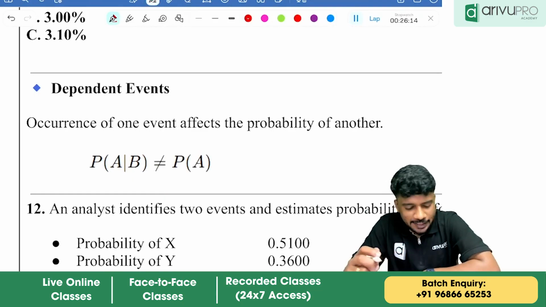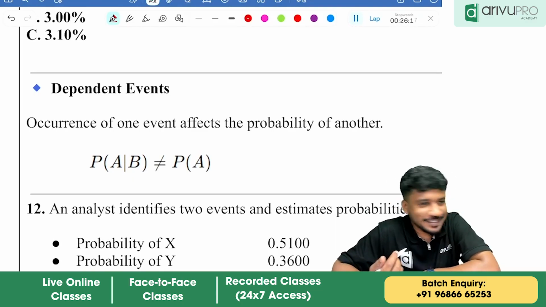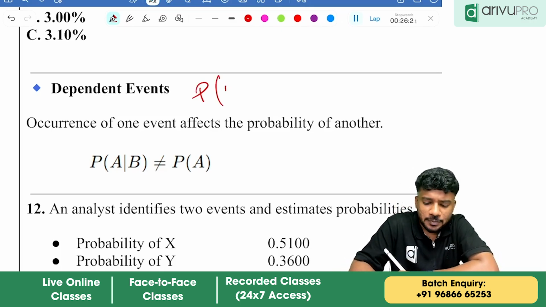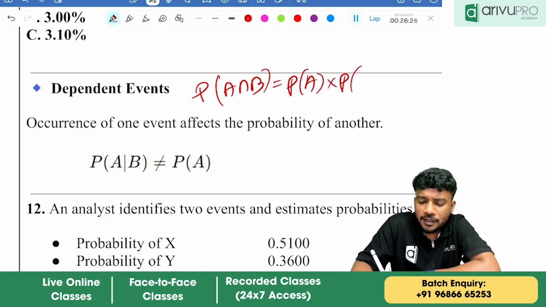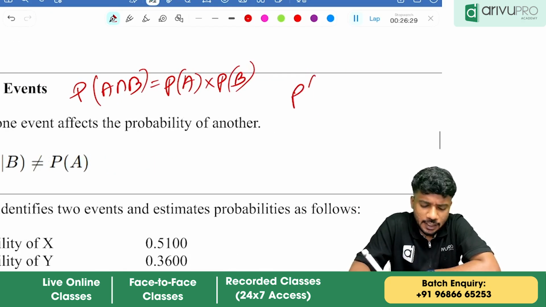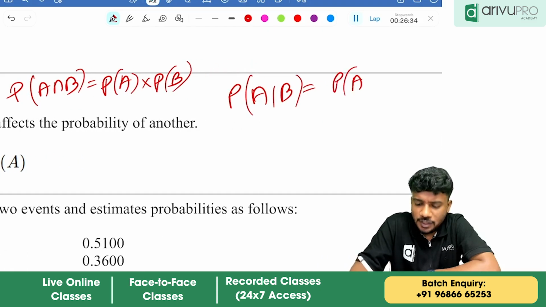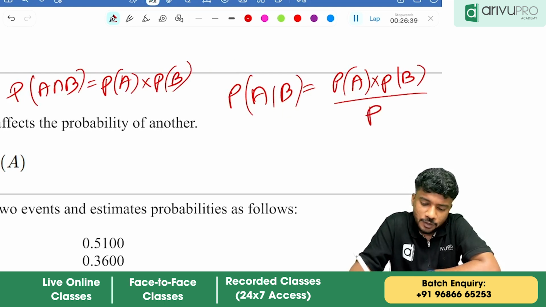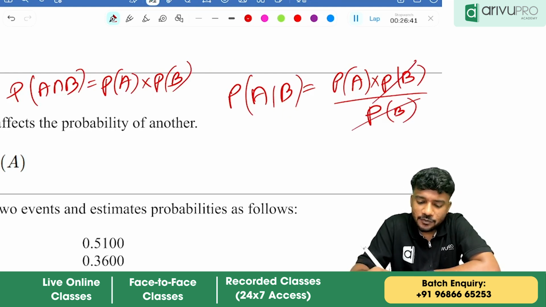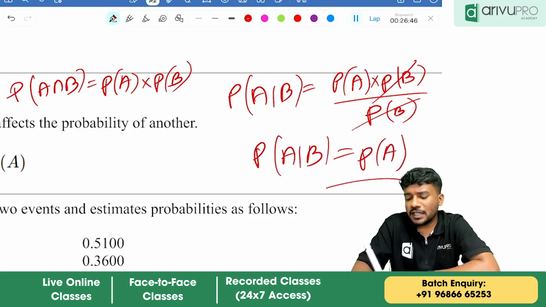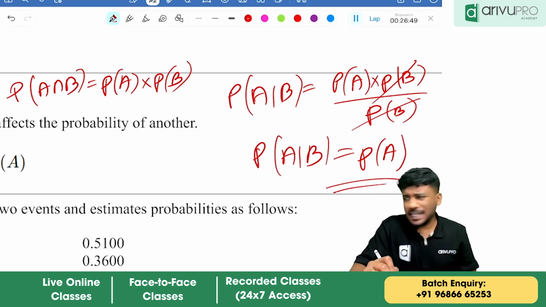So, next one is called a dependent event. It is actually the opposite of an independent event. In the independent event, what was happening? P of A intersection B is equal to P of A into P of B. So when I substitute, P of A given B is equal to P of A intersection B, which is P of A into P of B divided by P of B. Then cancel, which becomes P of A given B is equal to P of A. That was the condition in our independent event.